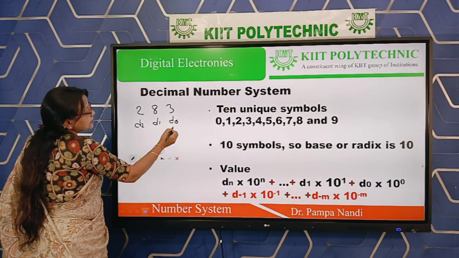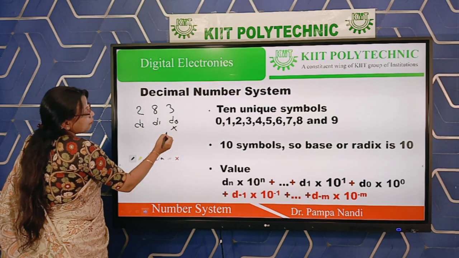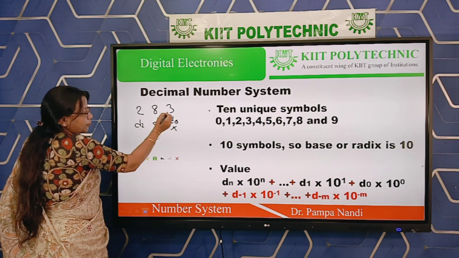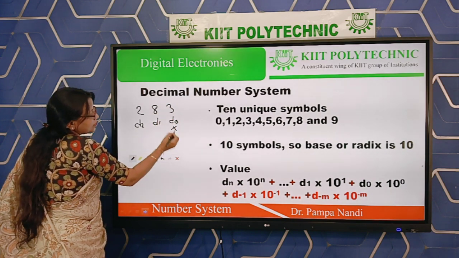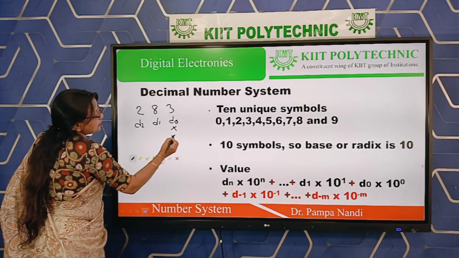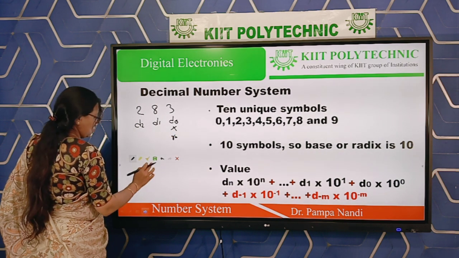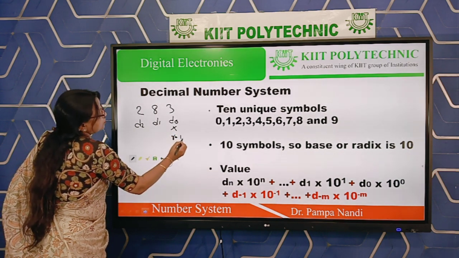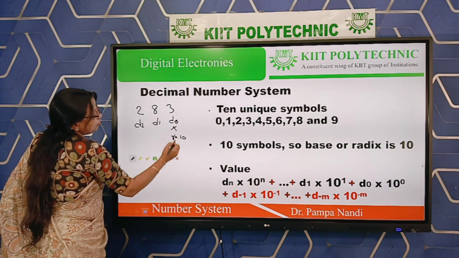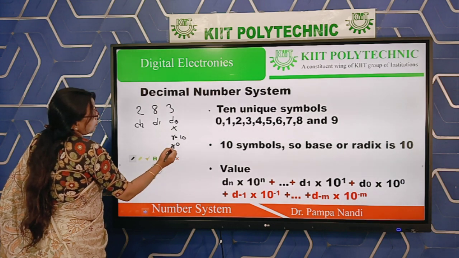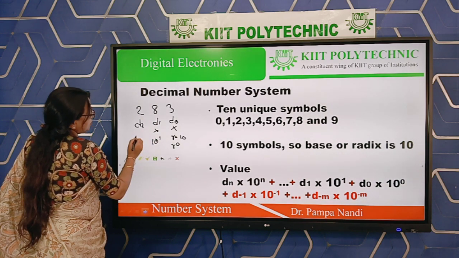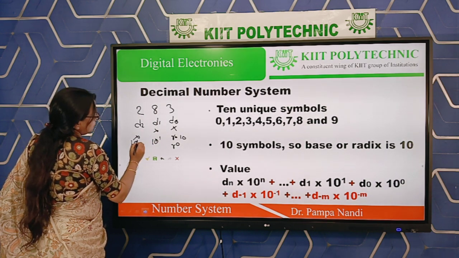Now the digit is multiplied by its weight. Weight means, at this particular position, what is the weight of this place. Here, if base r equals 10, then it should be multiplied by r power 0, then by 10 power 1, then by 10 square.